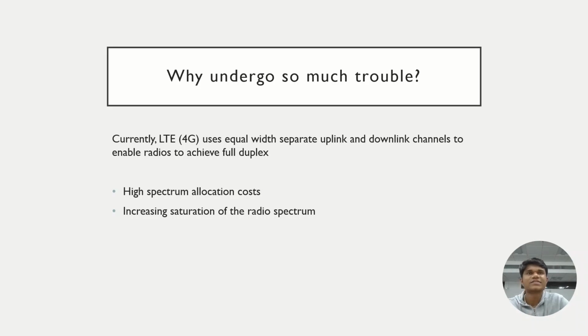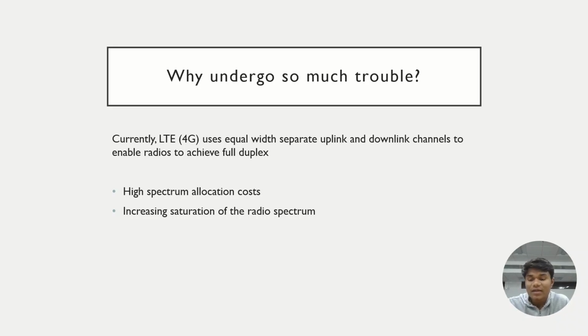Also, some regions have even started receiving 5G, but it's a prior paper, so I'll talk about 4G. So, a 4G communication is full duplex in nature, but it uses two channels to achieve it, one channel for transmission and one channel for reception.